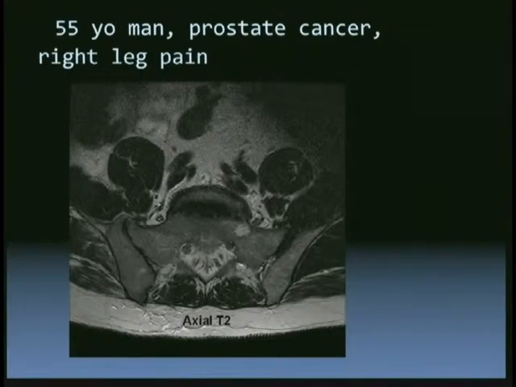This is another case, a patient with prostate cancer complaining of right leg pain. These were some of the last images from a lumbar spine MRI. In the lumbar spine MRI, there was nothing significant, and on the axial T2 sequence, non-fat-sat, the marrow does not look strikingly abnormal.